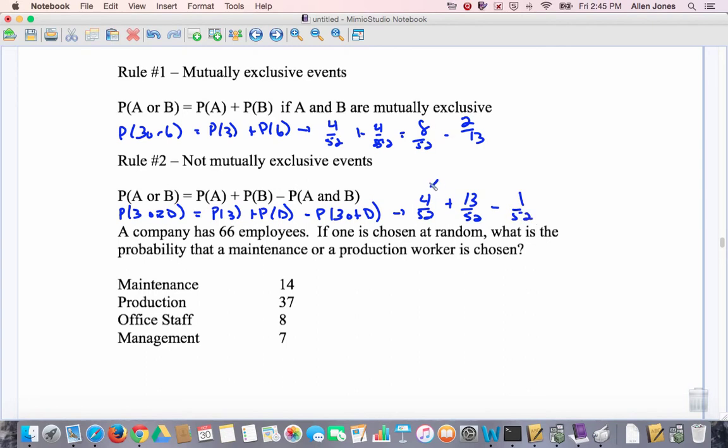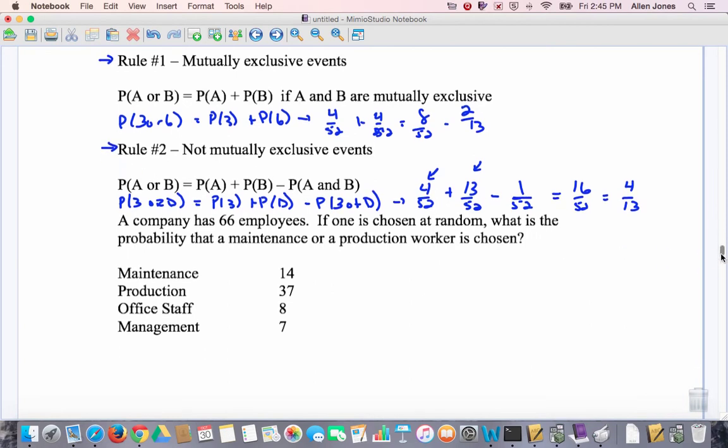So the 3 of diamonds has been added in here. It's been added in here. The card only occurs once, not twice. So I subtract out the second time we added it in, and we get 16 out of 52, or 4/13. Okay, so there's our brief explanation of our rules 1 and 2, mutually exclusive and not mutually exclusive.